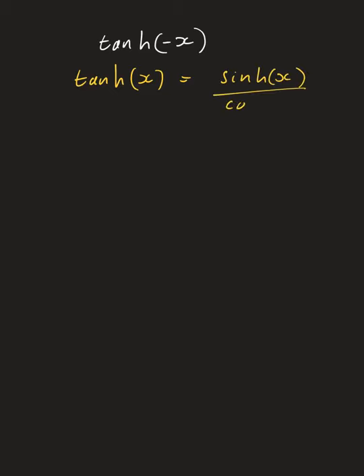Finally, what about the hyperbolic tan of minus x? Well, hyperbolic tan of x is equal to hyperbolic sine over cosine, just like how regular tan is regular sine over cosine. So tanh of minus x is just equal to sinh of minus x over cosh of minus x.